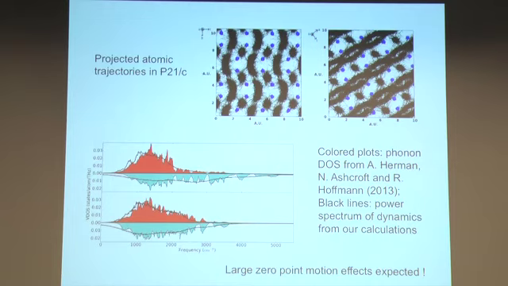So you see that there is a close similarity, but there are diffusive modes that are present in the case of the superionic system compared to the system at low temperature. Now, why do I show that? Because of this very large pressure, there are modes at extremely high frequency, and the zero-point motion effect is quite large in this system.